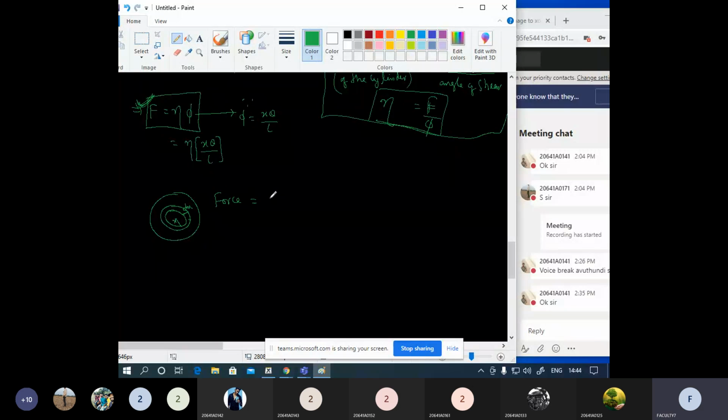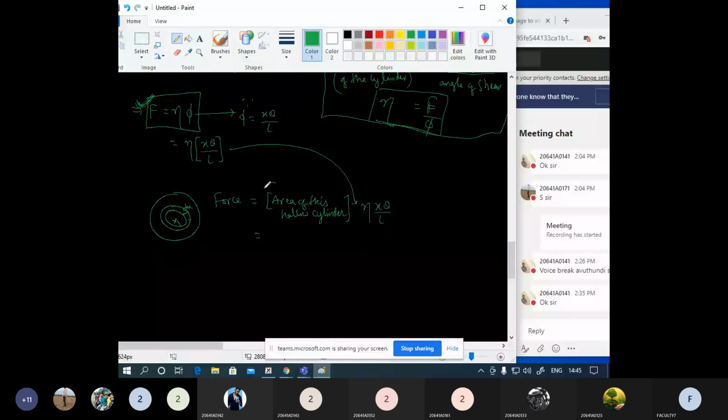This can be given as the area of this hollow cylinder into this factor, eta x theta by L. What is the area here? You got the area as 2 pi x dx.